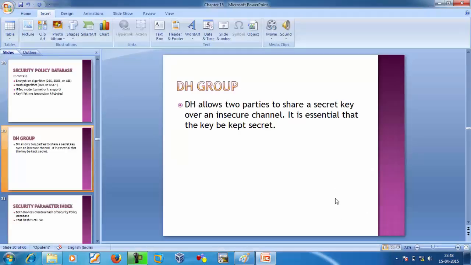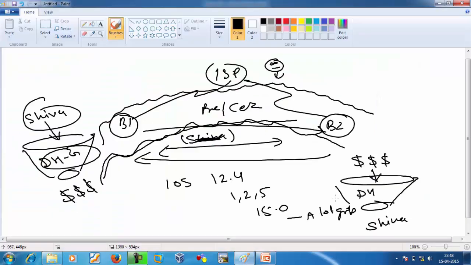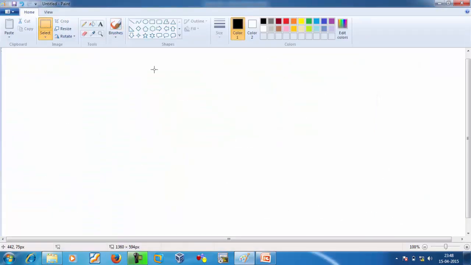Okay, next is the security parameter index. Now, we have been talking for a long time about what SPI is. To understand it, suppose we have branch 1 and branch 2.